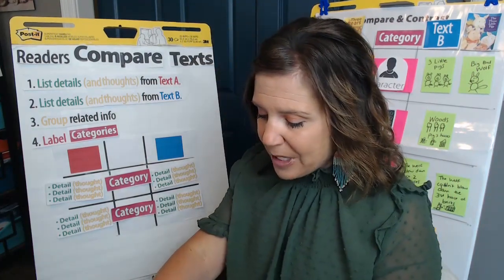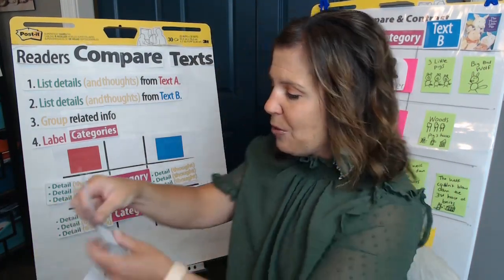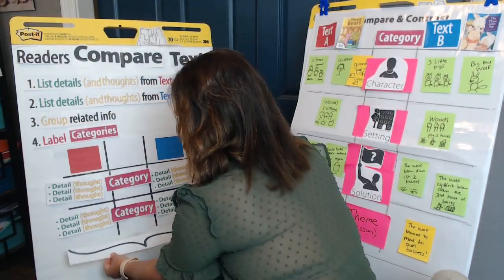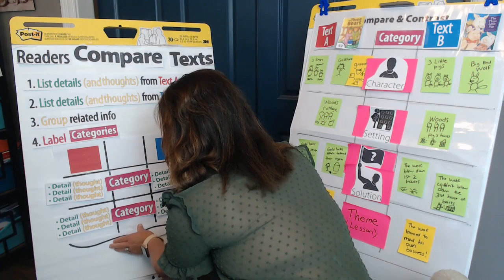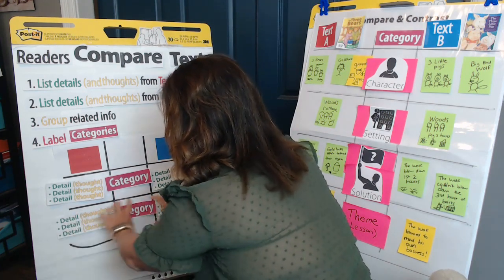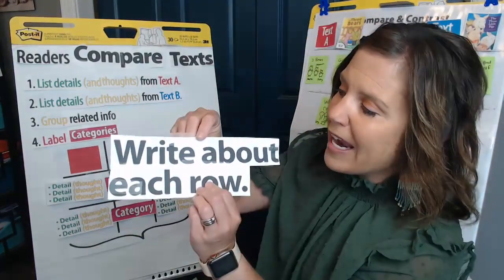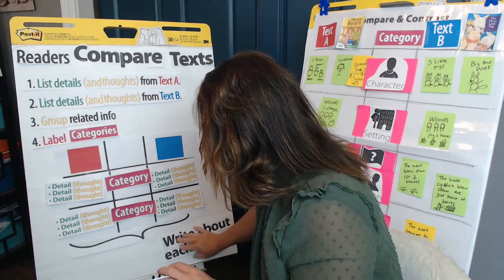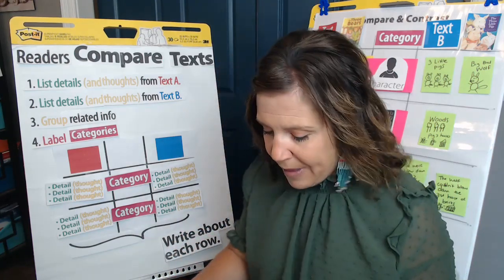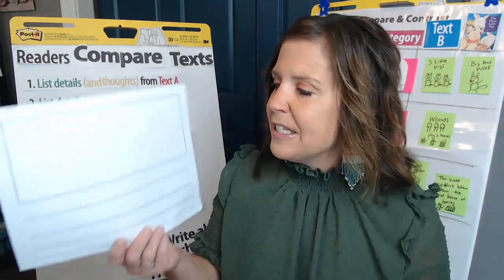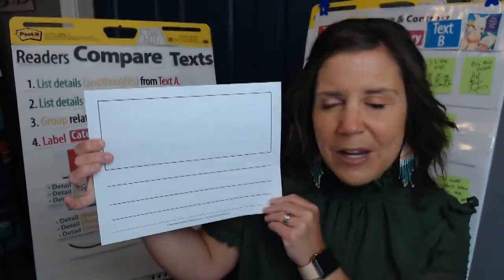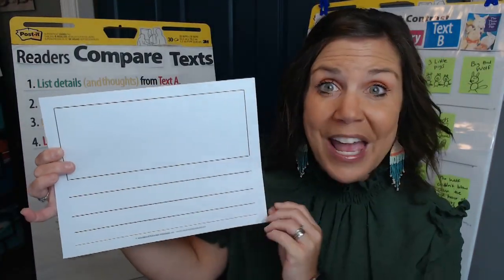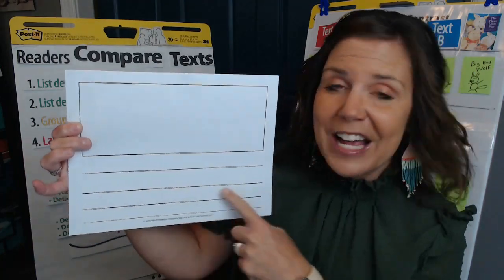I'm going to add this to our chart here, where you could write about this row or this row. You could go down the line and write about a row. So I'm going to put this little bracket up so you can see one row, and it says write about each row. I'm going to put that little phrase there down at the bottom. And then we're going to use the form that we've been using, where we can draw a picture. For some of you, it just might be a picture and maybe some labels. And for some of you that can write sentences, there's lines underneath to write sentences.